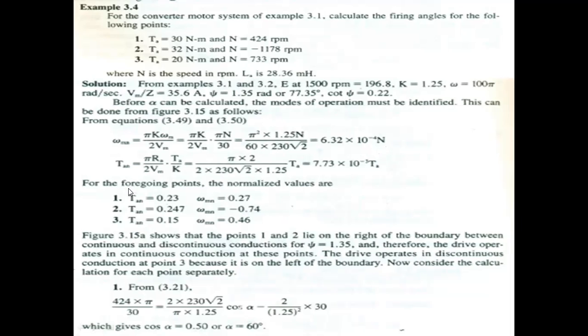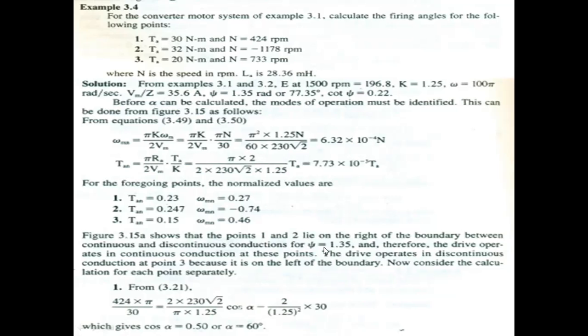So from the equation, see here, if you see figure 3.15, which I showed you before in class, it shows that points 1 and 2 lie on the right of the boundary, so these will be lying on the boundaries. Boundary means between continuous and discontinuous conduction.